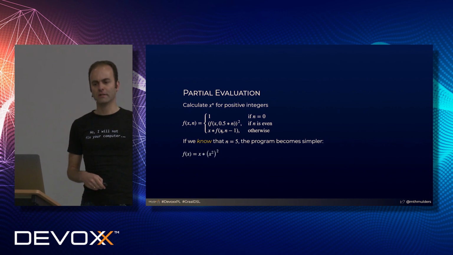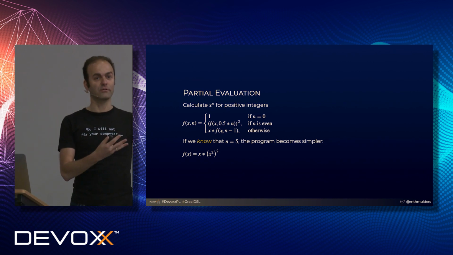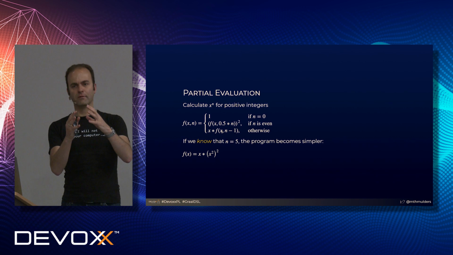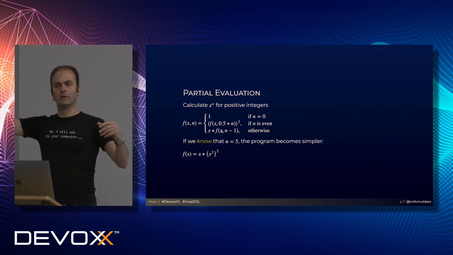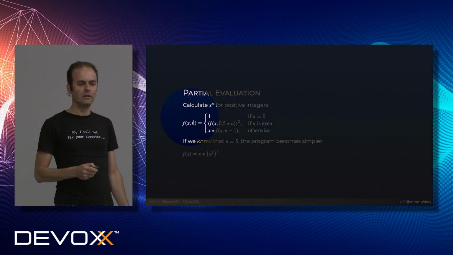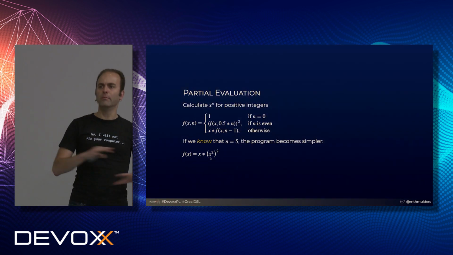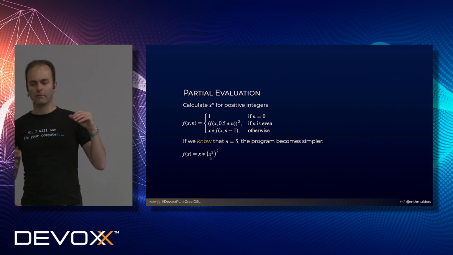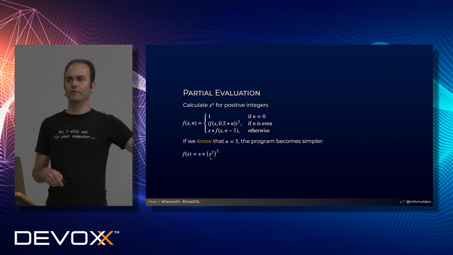If we do that, we find that f(x, n), n's gone because n's 5, it's a constant now, is reduced to x multiplied with x to the power of 2 to the power of 2. So a lot of complexity and checks that we needed to do in the first version of the program were actually removed by making assumptions and by removing complexity and saying, well, this is just 5 and this is not a variable anymore.